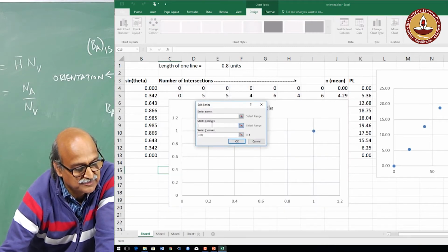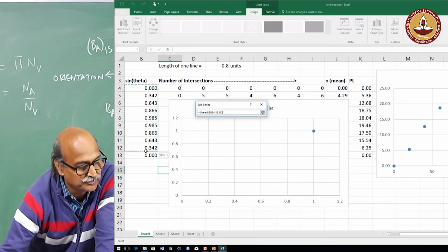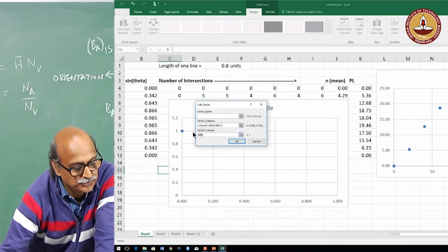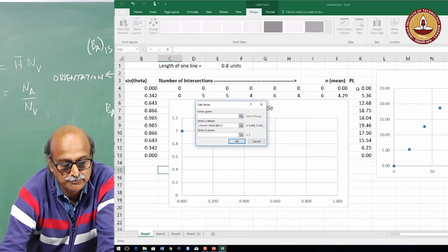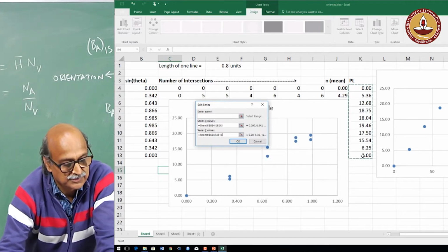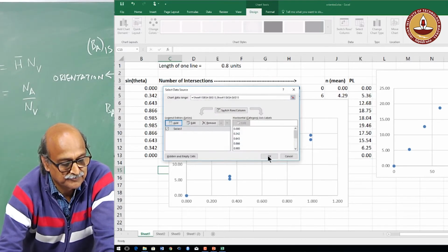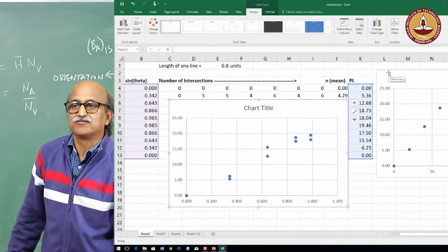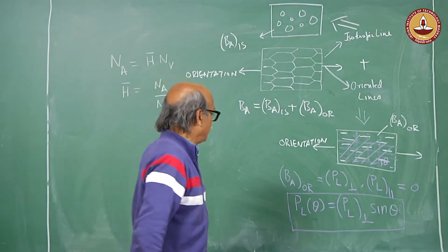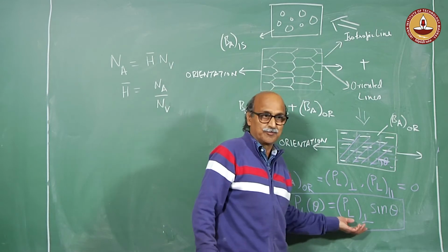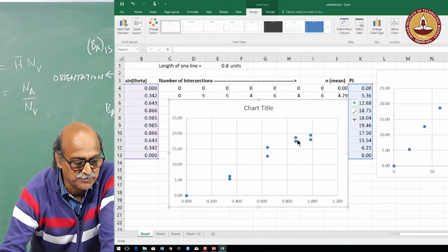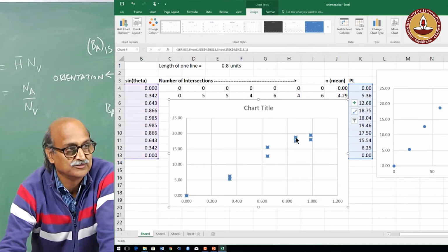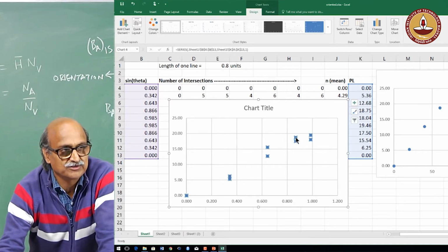Choose x axis, this time I am going to choose sin theta values, then choose y, and y is PL. I expect to get a straight line graph, isn't it, with a slope of PL perpendicular. So, Excel will let me determine this. Let me try to fit the best curve to this. How do you fit the best curve?